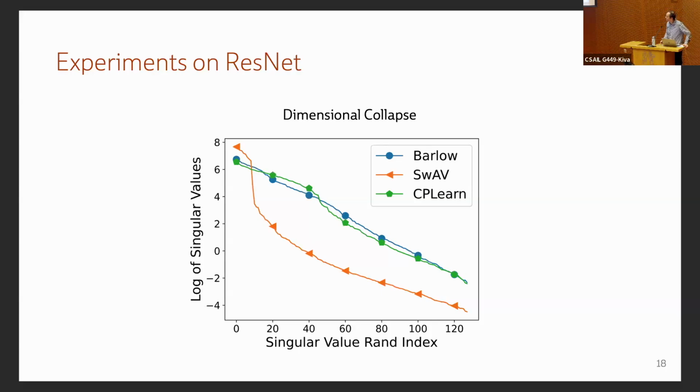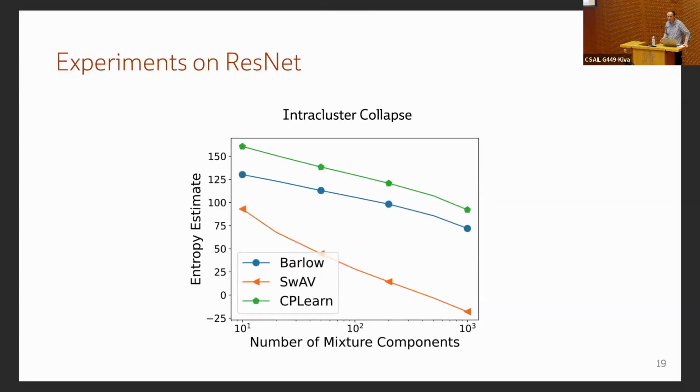Now, if we go and quantify the performance in terms of intra-cluster collapse, and probably that answers your question about the clustering, we say, okay, we want to fit a mixture of Gaussians on our representation. We fit different models with different numbers of components, and here the number of components is 10.